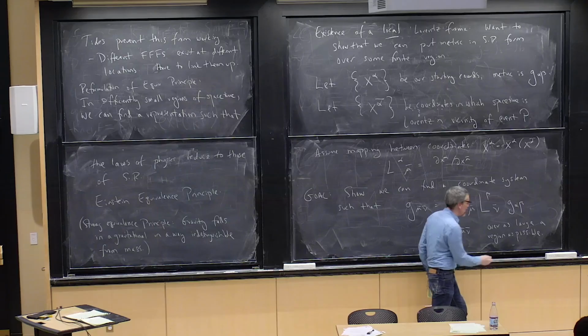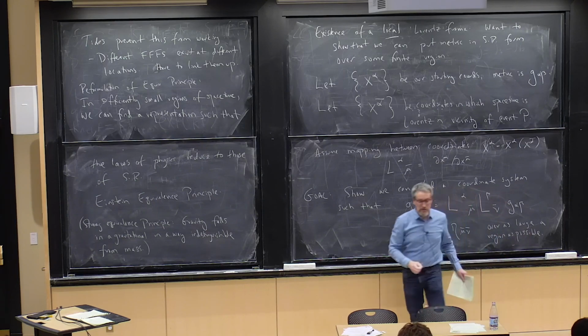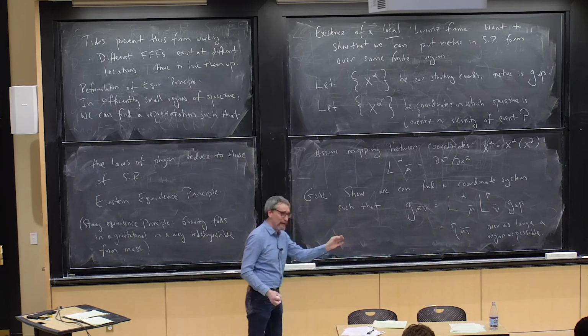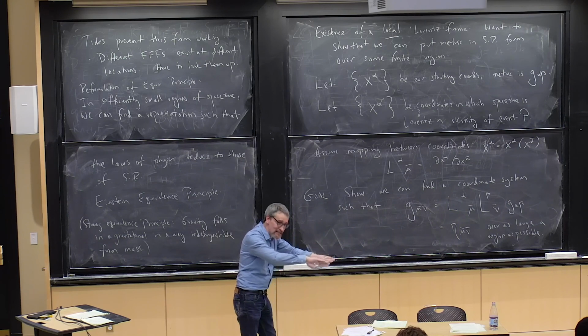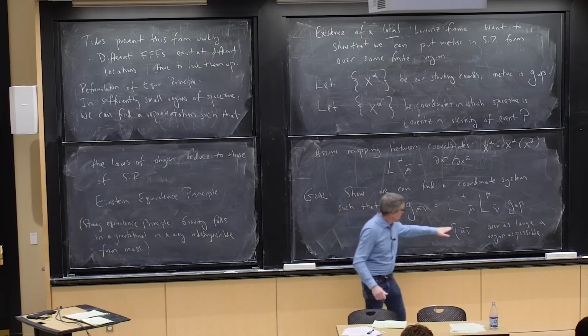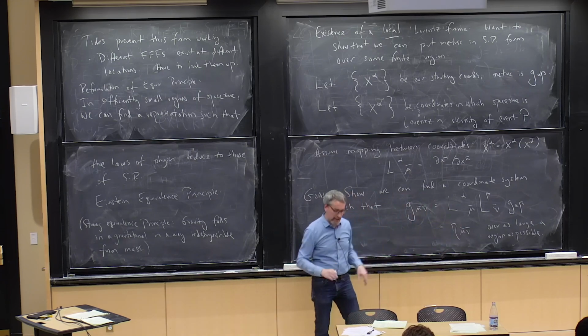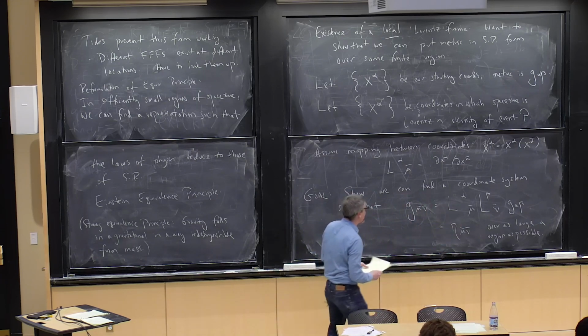Okay, we know we're not going to be able to do it everywhere. But what I want to show is that I can make that happen at the point P, and that the functional behavior of this thing is sufficiently flat that it remains flat over some region. So let me just sketch what the logic of this calculation is going to be.